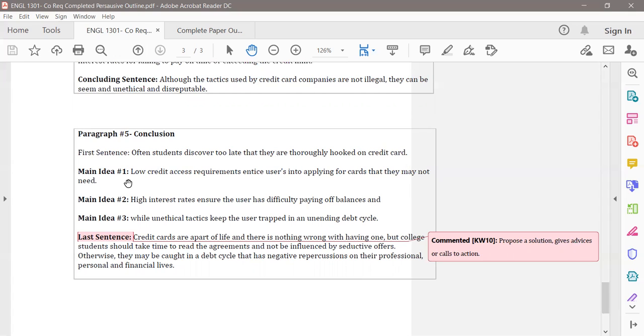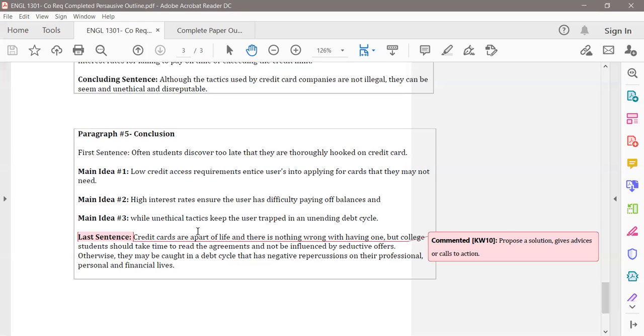Here in main ideas 1, 2, and 3, those are your main points A, B, and C. I list them in order. They're the same ones, but notice they're not exactly worded the same. You are going to restate your main ideas, but they're not exactly worded the same as in my introduction, nor the same as in each paragraph. So you're saying the same thing, just in a different way.